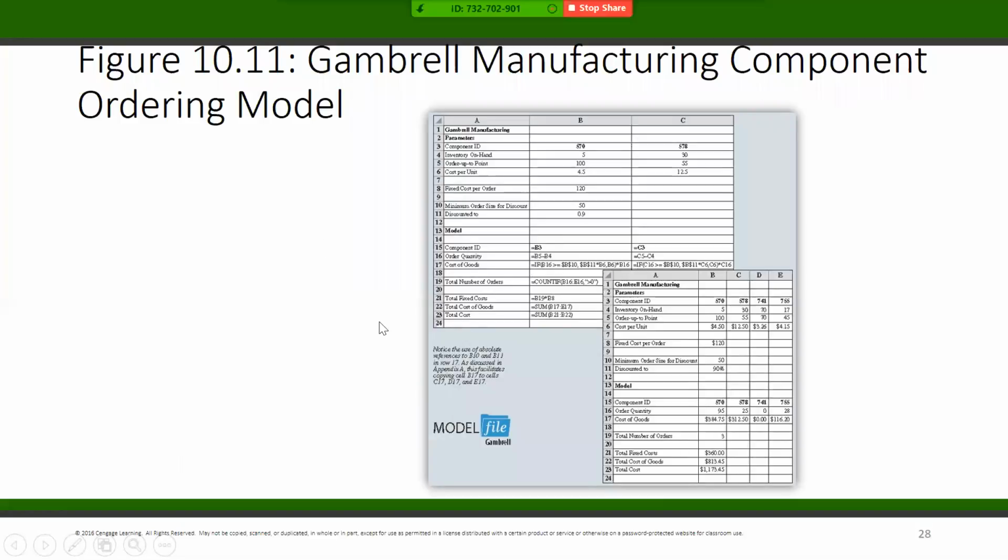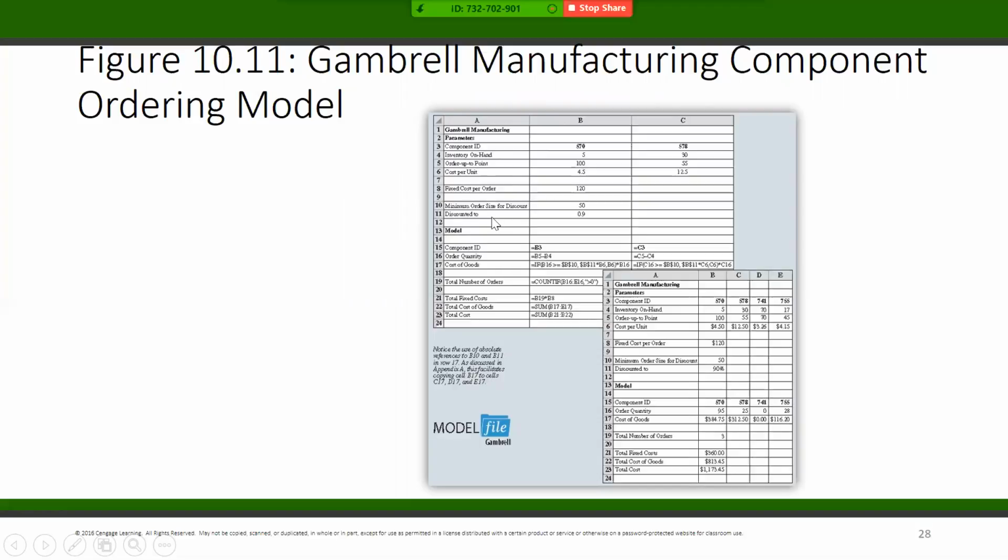So this is Figure 10.11 in our book, the Gambrill Manufacturing Component Ordering Model. The upper half of the worksheet, again, is going to be our parameters. We have the component ID, the inventory on hand, order-up-to point, cost per unit, fixed cost per order, and minimum order size for discount.